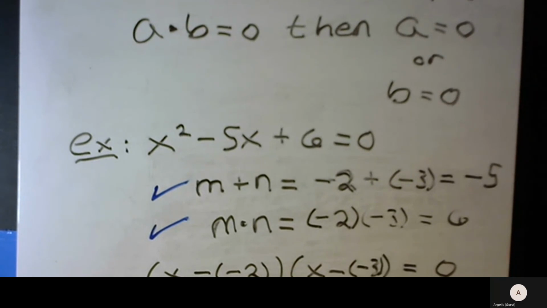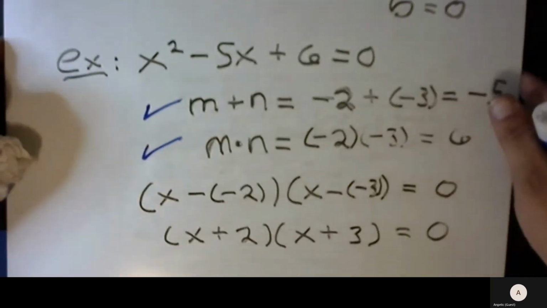So in other words, and we always have the minus here. So we're going to get x plus 2, x plus 3 is going to be equal to 0. And this minus here, the x minus and the x minus, so x minus m, x minus n. For this technique, this is always going to be here. So this is where the zero product principle goes.